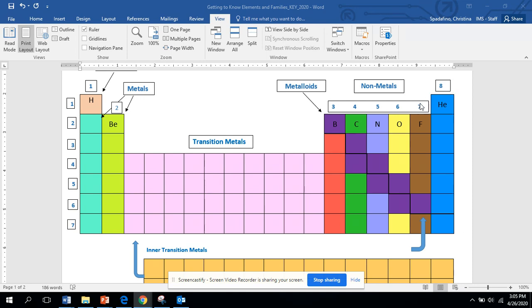So these numbers up top are representing the columns and the number of valence electrons. The numbers for the rows are telling us what the energy levels are, how many orbital shells there will be for each element.